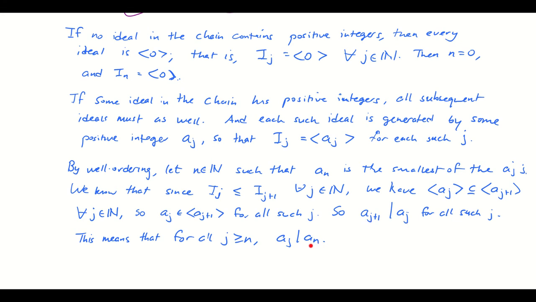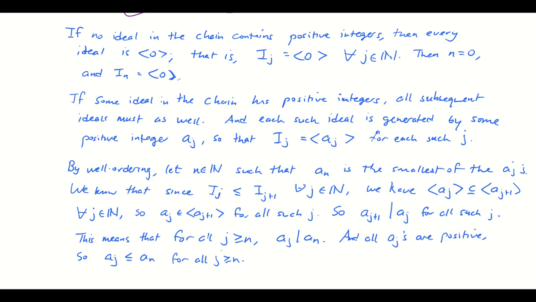So if I have a sub n, and that's my minimal generator, then every subsequent generator has to divide it. And these are all positive. So that also means a sub j has to be less than or equal to a sub n for all j greater than or equal to n.